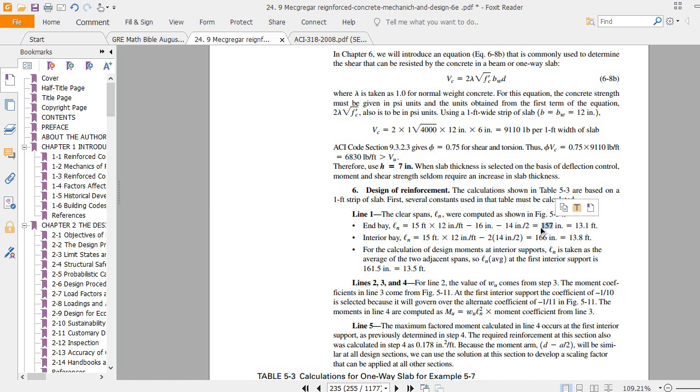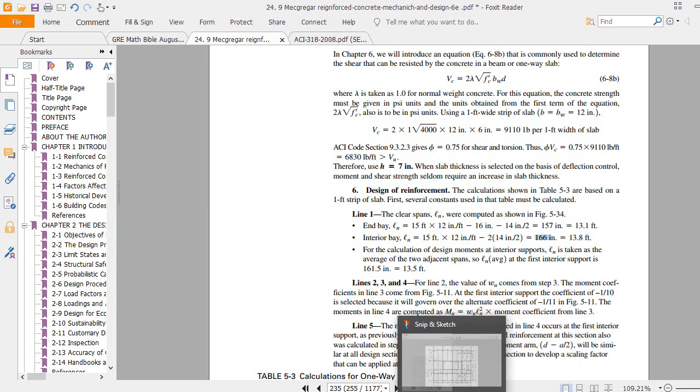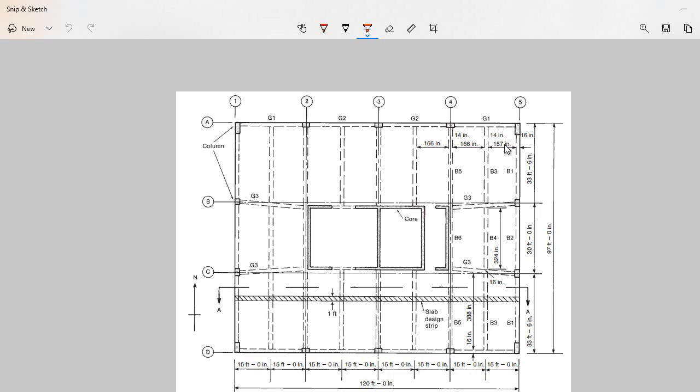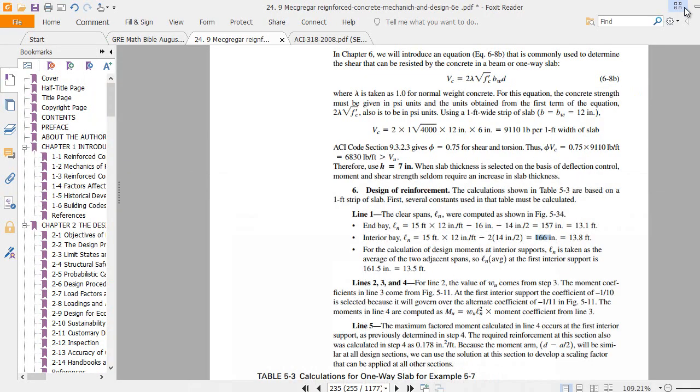This is the clear span of the end panel, and this is the clear span for the interior panel. I already explained this: you see here 157 inches and 166 inches. How does it come? 15 feet for the end bay is the center to center length, so we subtract half of 16 and half of 14. Similarly 166 is 15 feet minus half of 14 and half of 14. You got the required value.